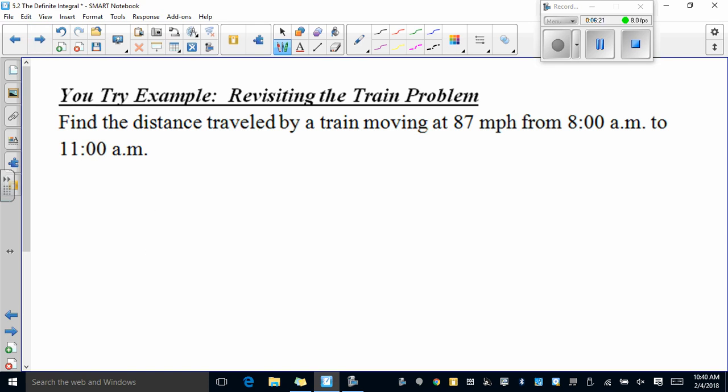You put that into a calculator, or write it to the side, and you get 261 miles. So the train traveled from 8 o'clock to 11 o'clock. The train traveled 261 miles. Distance.